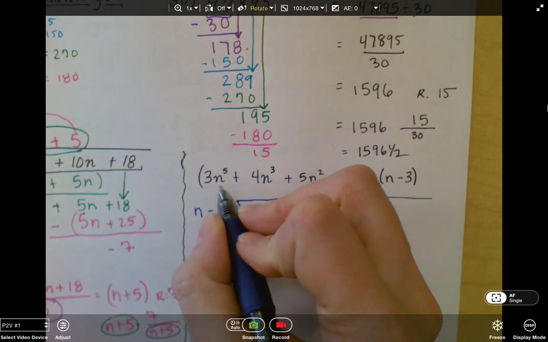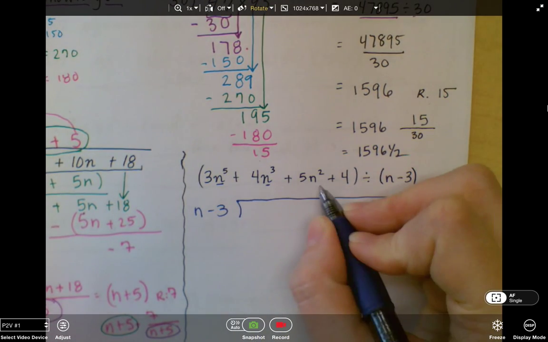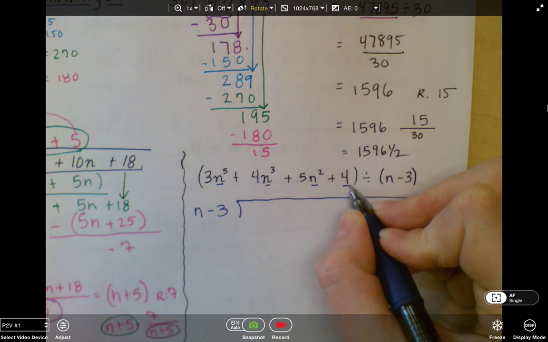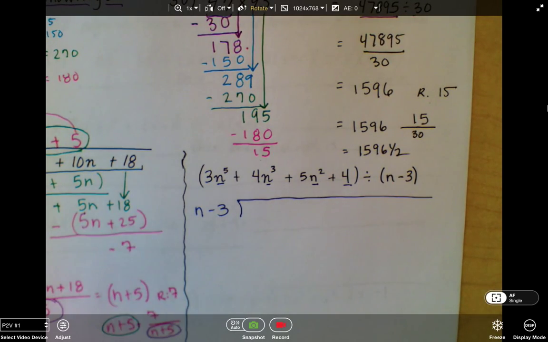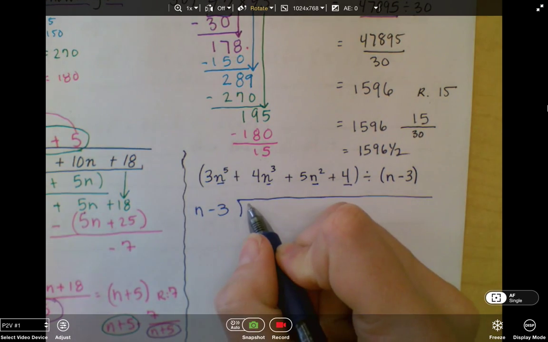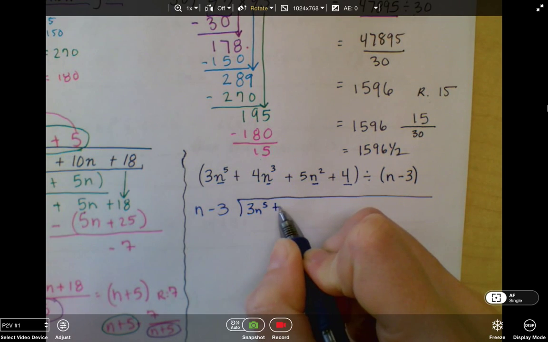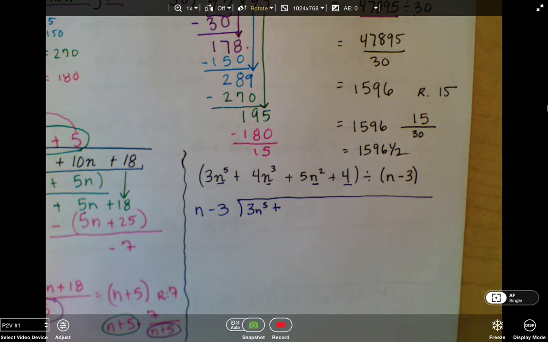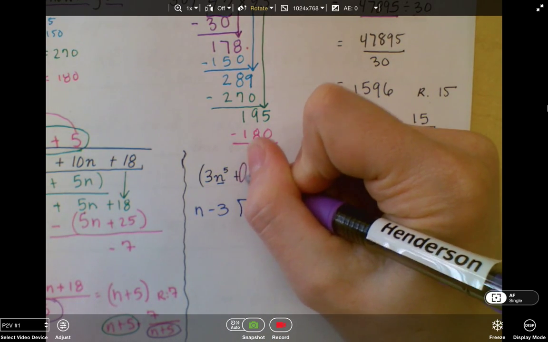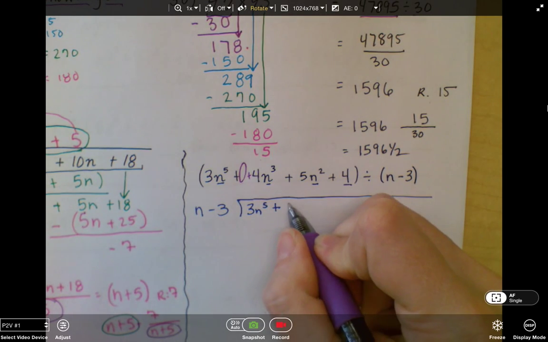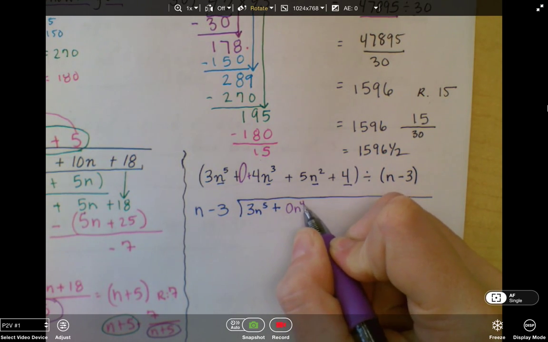So let's look here. I've got a fifth, a third, a second, and then I have one that has no n's in it at all. So that means that I have 3n to the fifth plus, there's somebody missing right here. So plus 0n to the fourth.